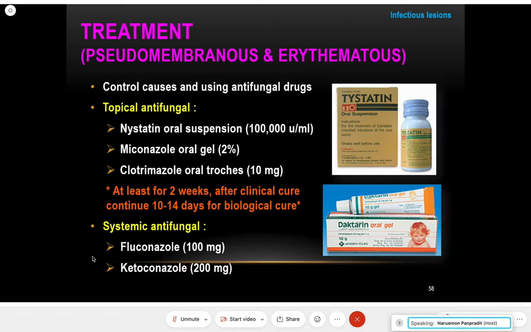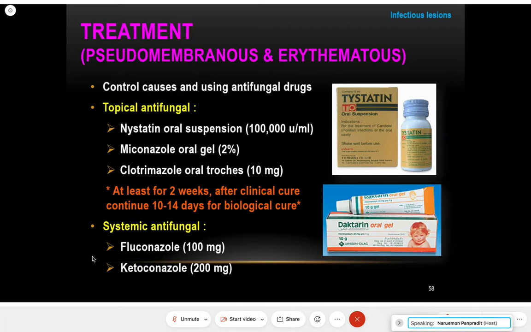If the patient can use it as best as possible and after 2 weeks comes back very clear, the lesion disappears 100%, we call it the clinical cure. After 2 weeks, the patient comes and everything looks like normal. You need to prescribe another 2 weeks for the biological cure because, like I told you, the epithelium is invaded by the fungus. When the epithelium changes, it takes time.